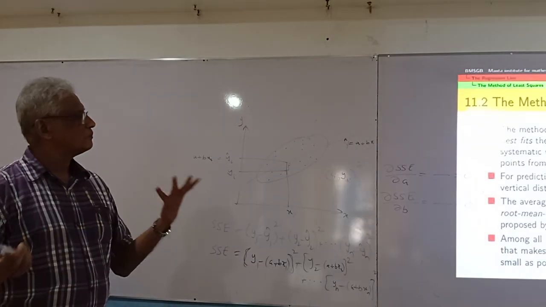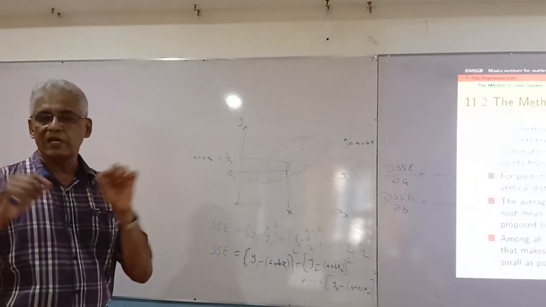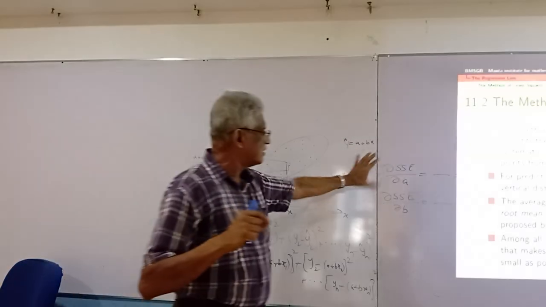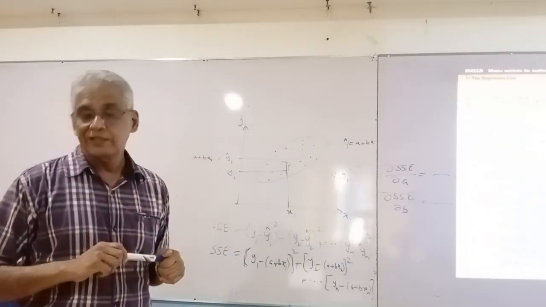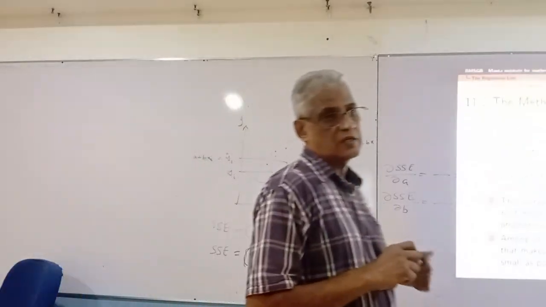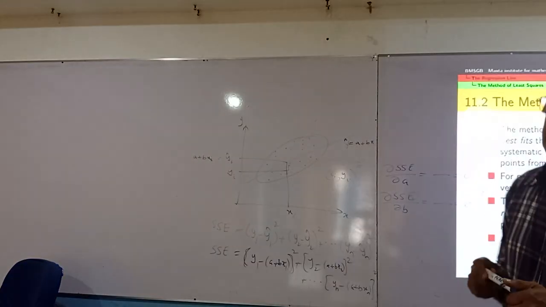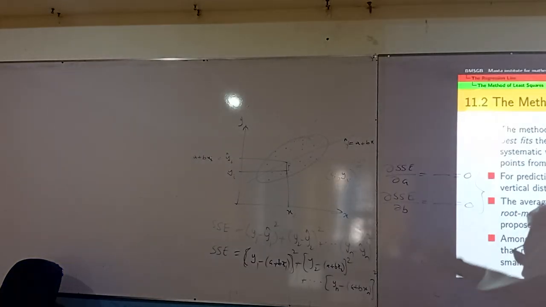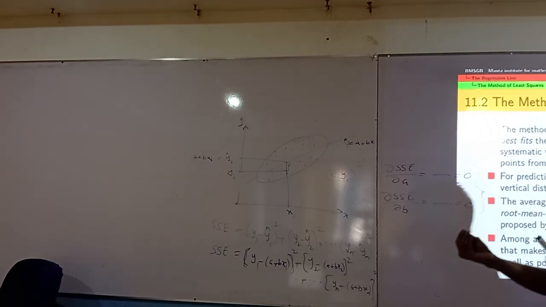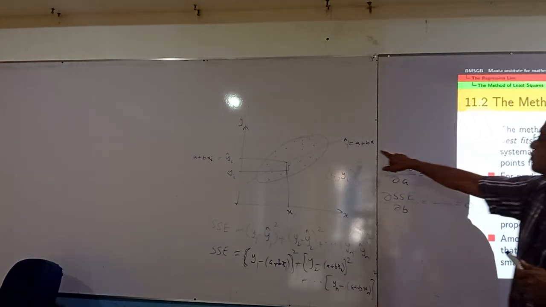So therefore those A, B values that you get by solving these two equations are called the least squares estimates of A and B. Right? So there will be a value for A, there will be a value for B. And when you put those two values, we get y hat.